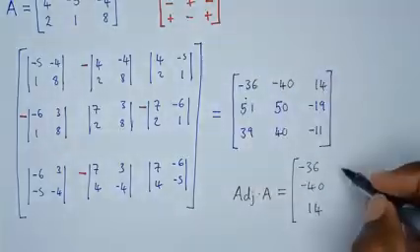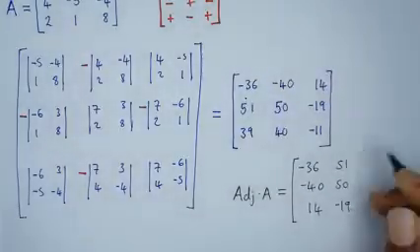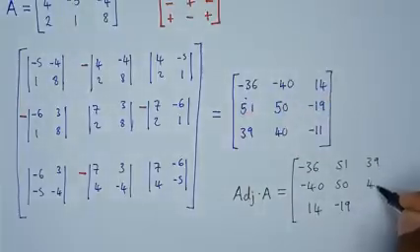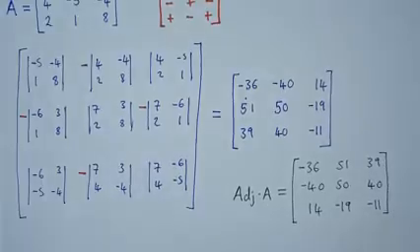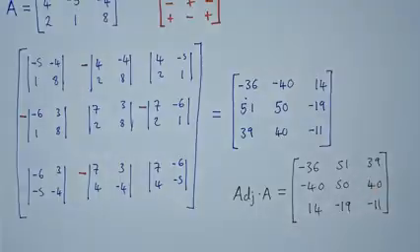The second row, 51, 50, negative 19. The third row, 39, 40, negative 11. So this is what we have. Once we transpose this, what we get is the adjoint of A.